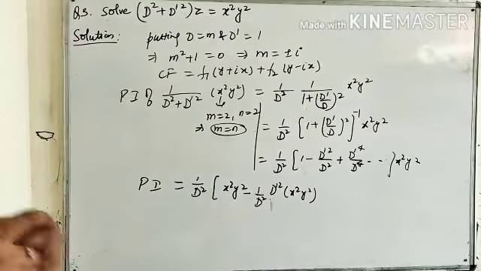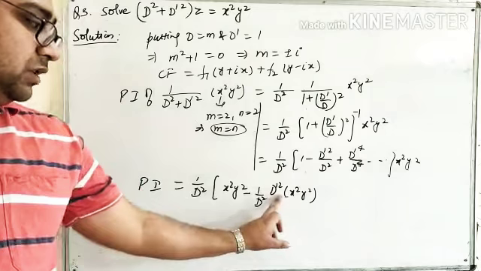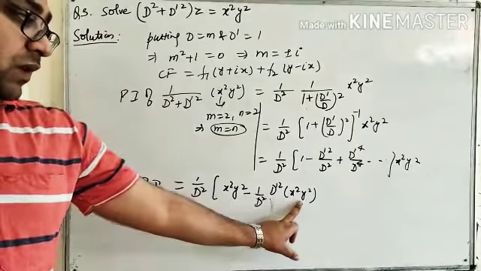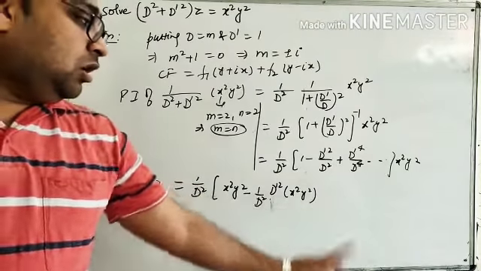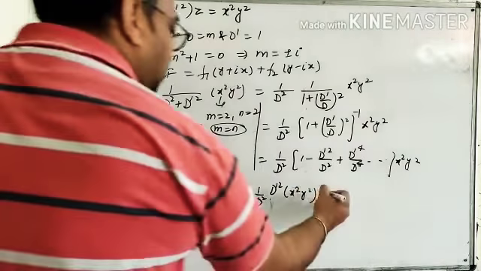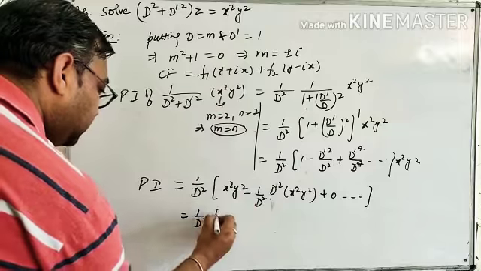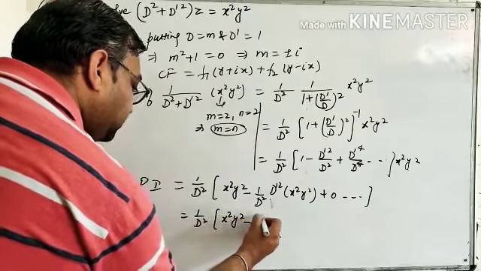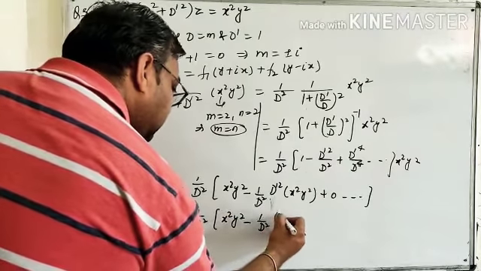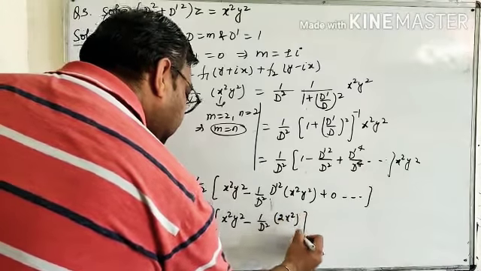Now we have to differentiate this entire function partially with respect to y up to 2 times. So this y square will become constant. So all the succeeding terms will be 0. We get 1 upon D square x square y square minus 1 upon D square 2x square.